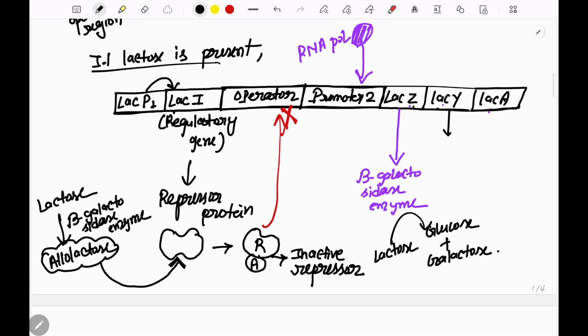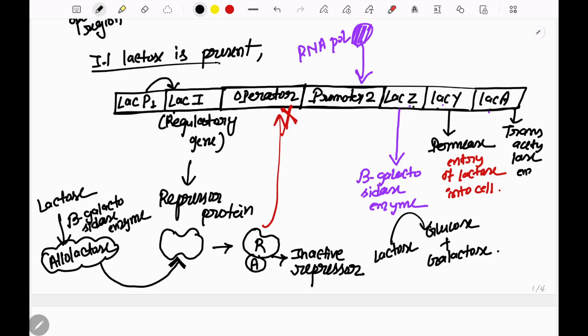And the LAC-Y gene produces the permease enzyme, which helps in entry of lactose into the cell. And the LAC-A gene produces the trans-acetylase enzyme, and the function of this enzyme will be studied later in the higher semester.